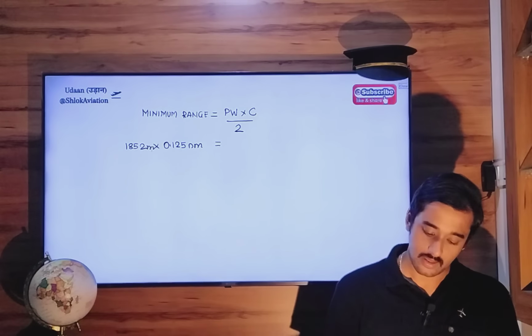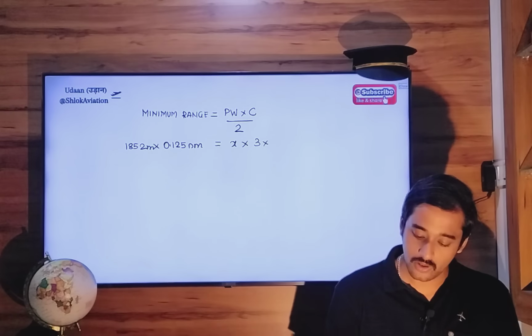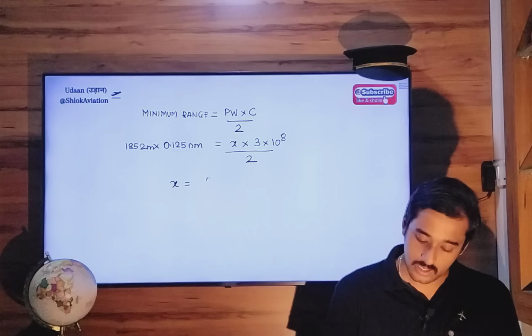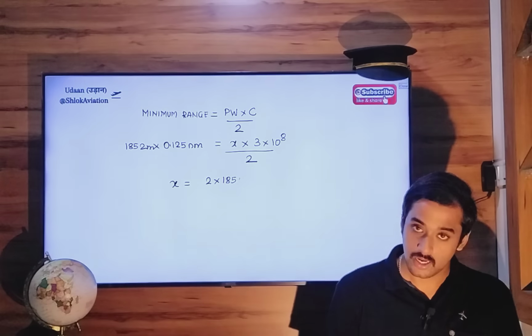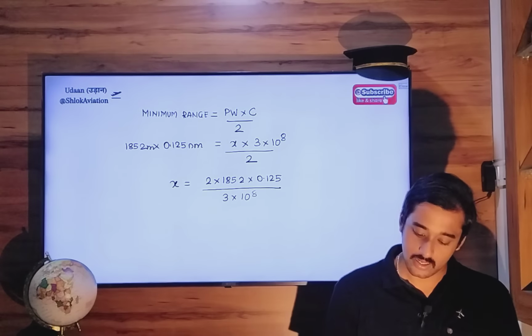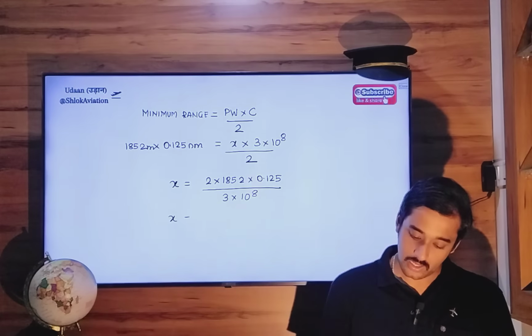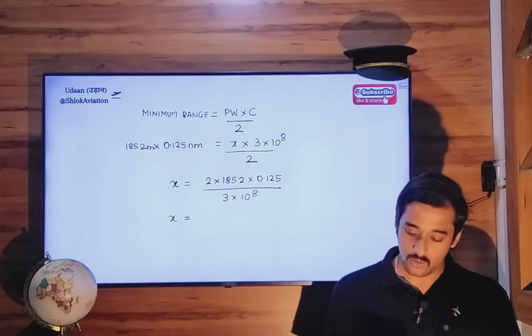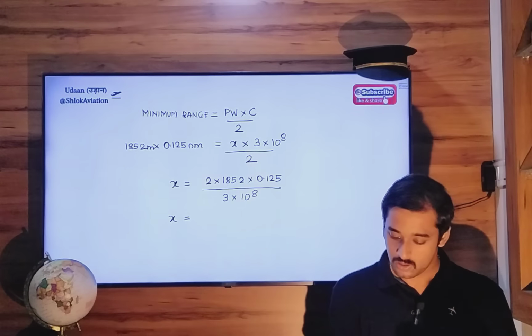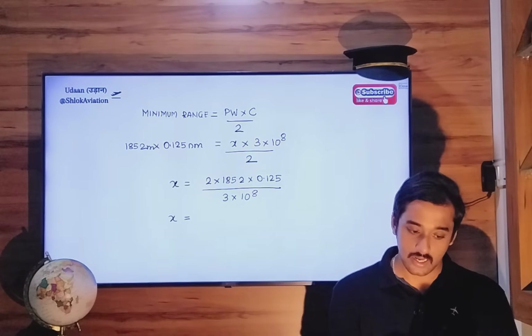Pulse width x, speed of light 3 into 10 raised to 8 meter per second, divided by 2. So x equals 2 into 1852 into 0.125 divided by 3 into 10 raised to 8.